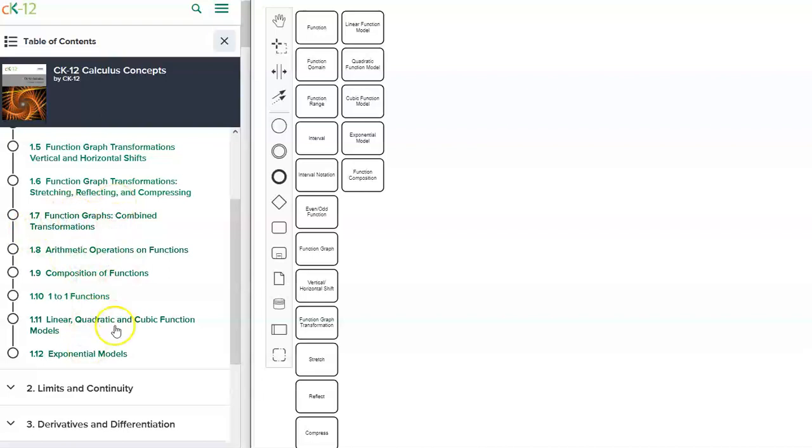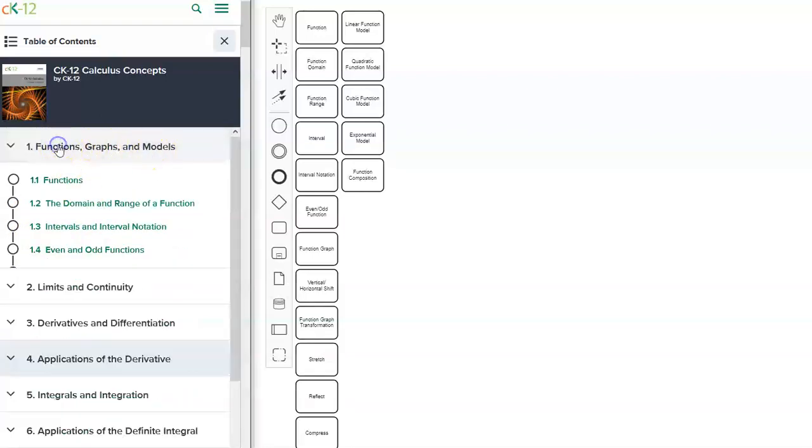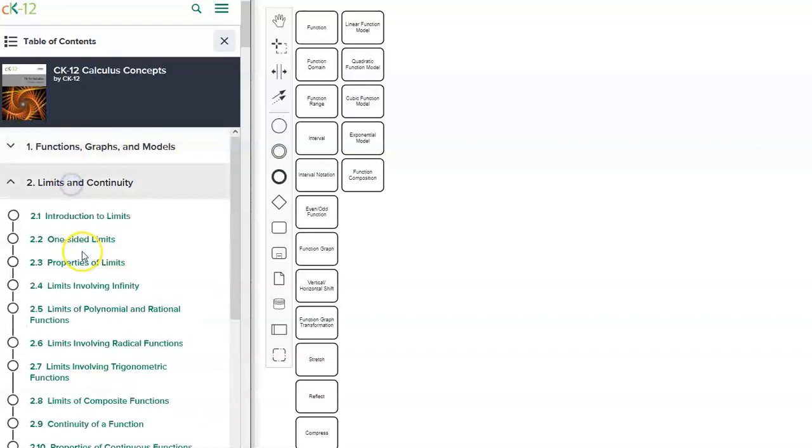So that completes the function graphs and models section. Let's see what's down here in limits and continuity. Limit, that's a new one. Limit. Introduction to limits, one-sided limit. Properties of limits, limits involving infinity.